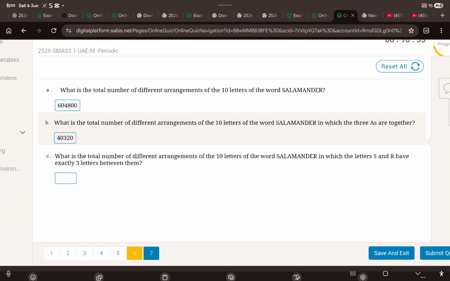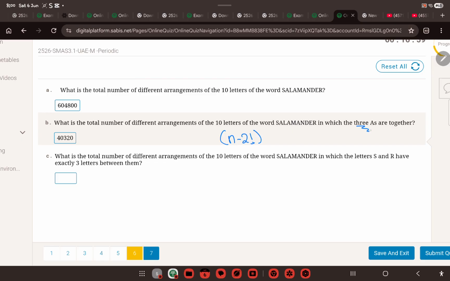Or you can do n minus 2 factorial. Since it's 3 A's, you do n minus 2 factorial; if it was 2 A's, you do n minus 1 factorial. So n minus 2 factorial is 8 factorial, and you get the same thing.